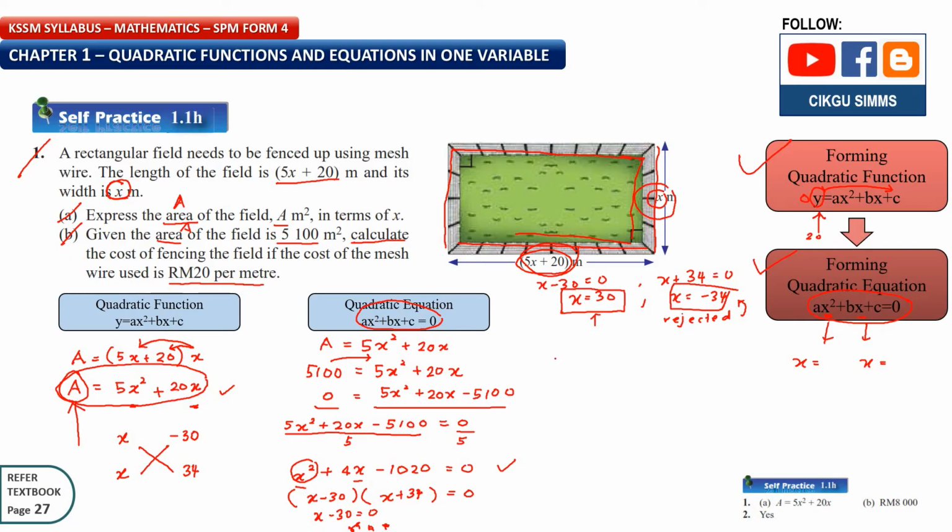So total length will be 5x plus 20, and then this one you need to times 2, plus 2x, right? I better write the 2 at the front. So 2 times 5x plus 20, I expand the bracket to get 10x plus 40, and then plus 2x. So I get 12x plus 40.